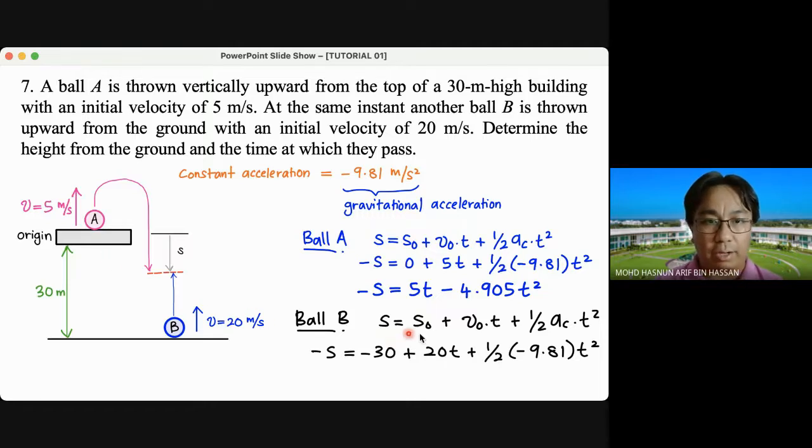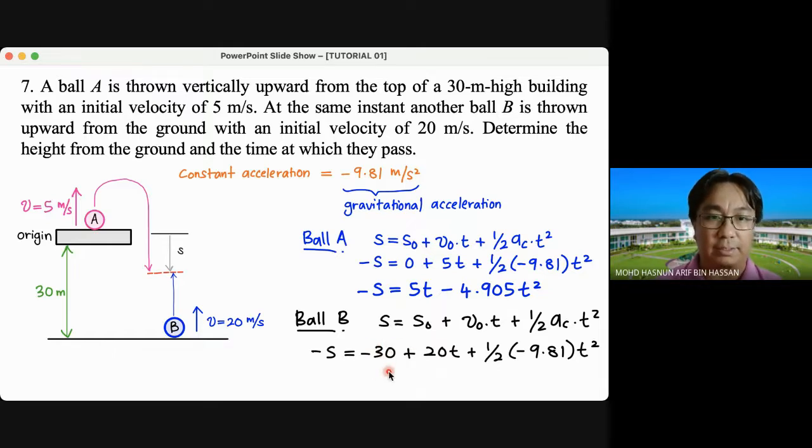So what you should write for S naught is minus 30, not 0. Okay, it is different from ball A. Ball A is 0 because it is located exactly at the origin. But for ball B, it is not 0, it is 30 meters below the origin.